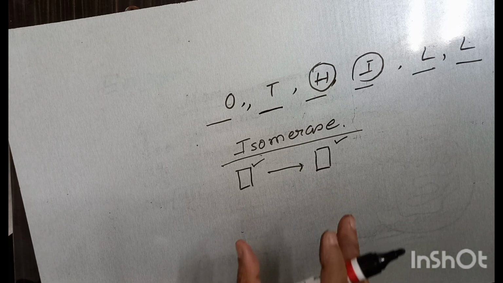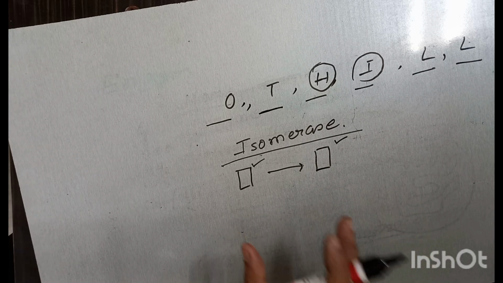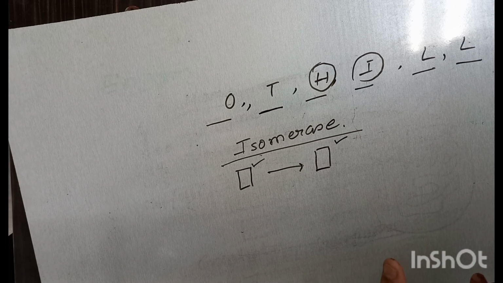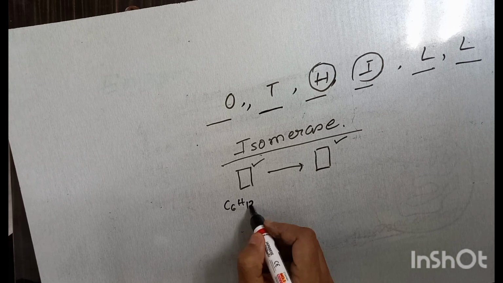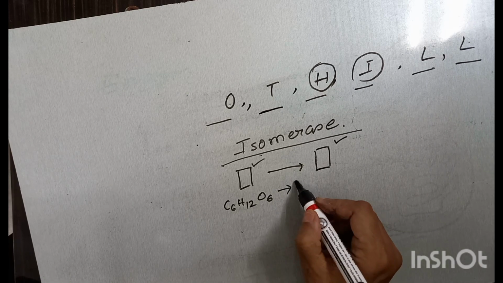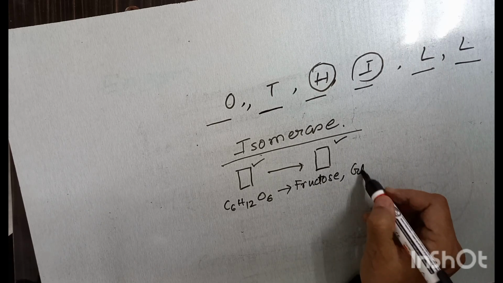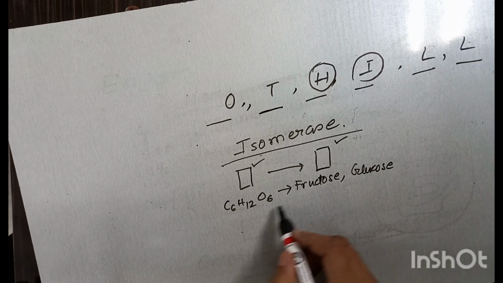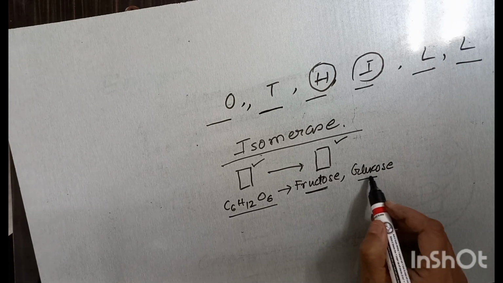Isomers are molecules having the same molecular formula but different structural arrangement, different three-dimensional arrangement, different chemical groups, but the same formula, say C6H12O6. By this C6H12O6 we will not know whether it is fructose or glucose, both having the formula C6H12O6.